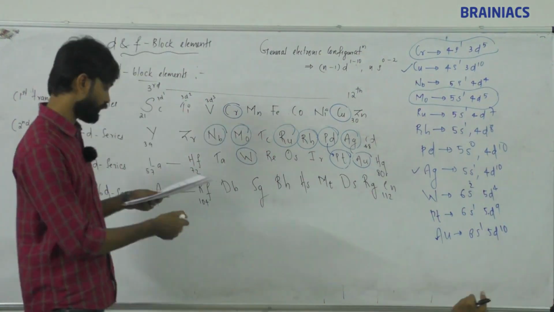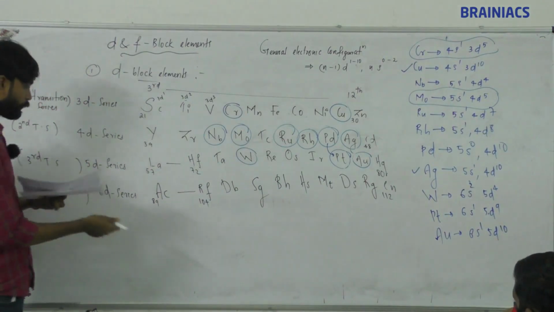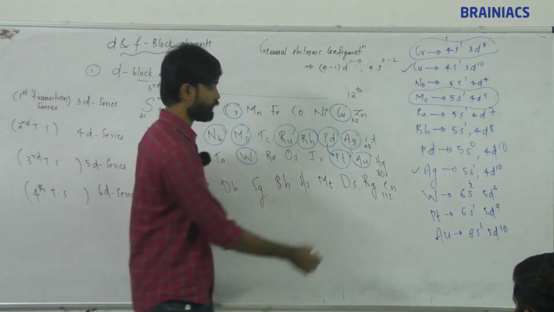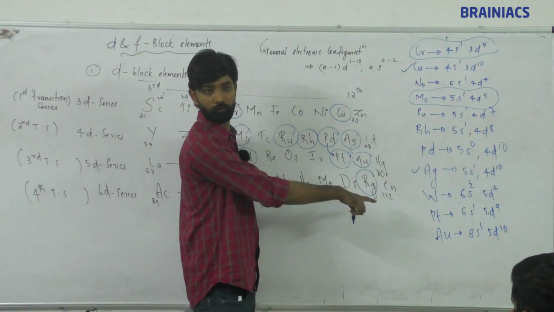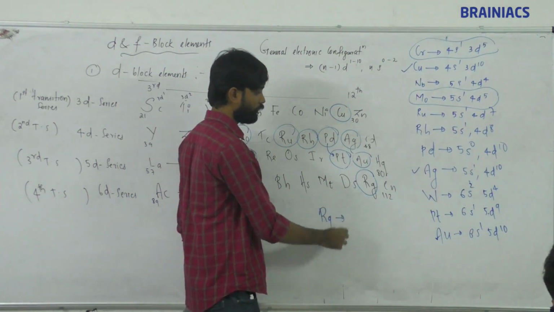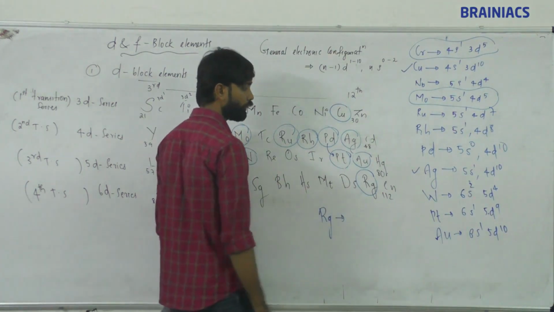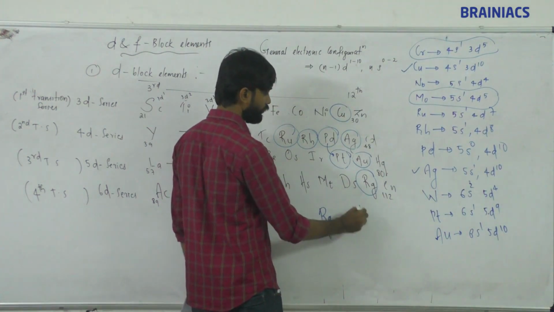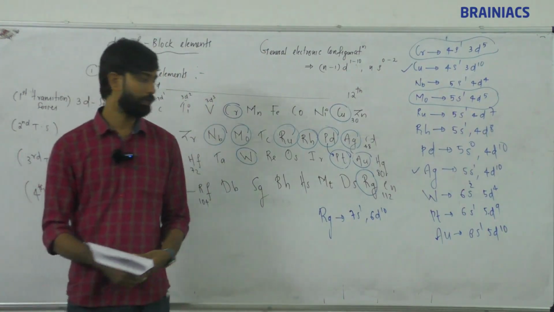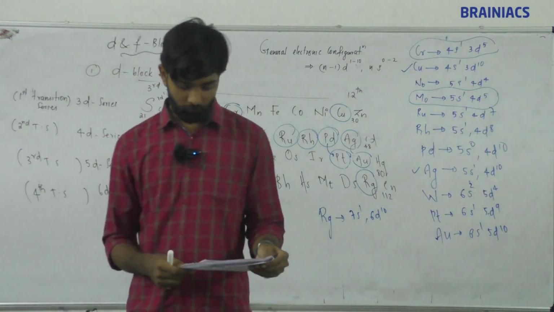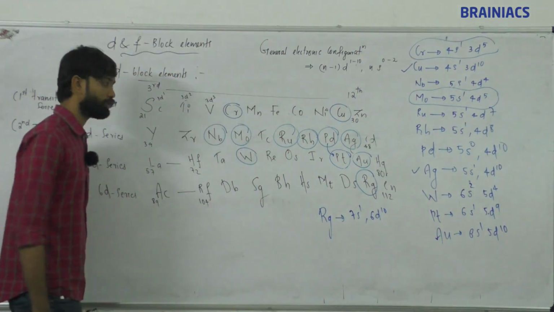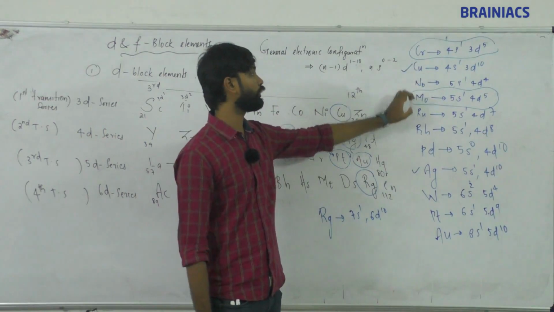In the fourth series, the exception is only for roentgenium, the usual exception, 7s1 6d10. No other one has any exception. Fine, so that's all about the electronic configuration. These all are exceptions, given in your textbook.